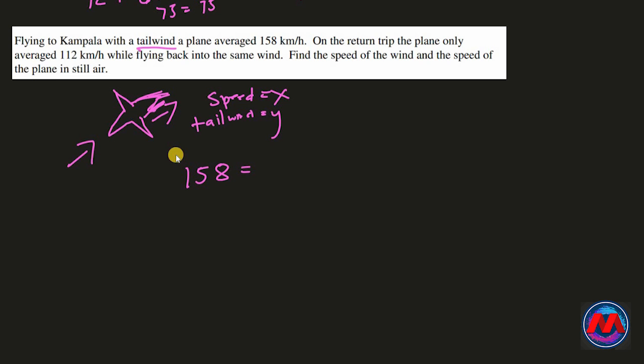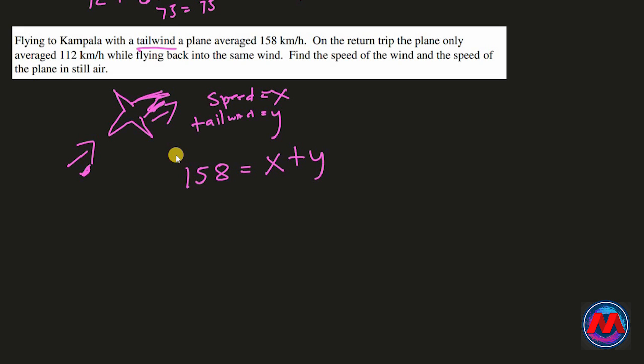Ibig sabihin, since nasa the same direction sila, tutulungan niya yung speed ng airplane. So, mag-a-add yan. So, x plus y, yung speed ng airplane tsaka yung speed ng tailwind, yung hangin, mag-a-add yan. That will result to 158.